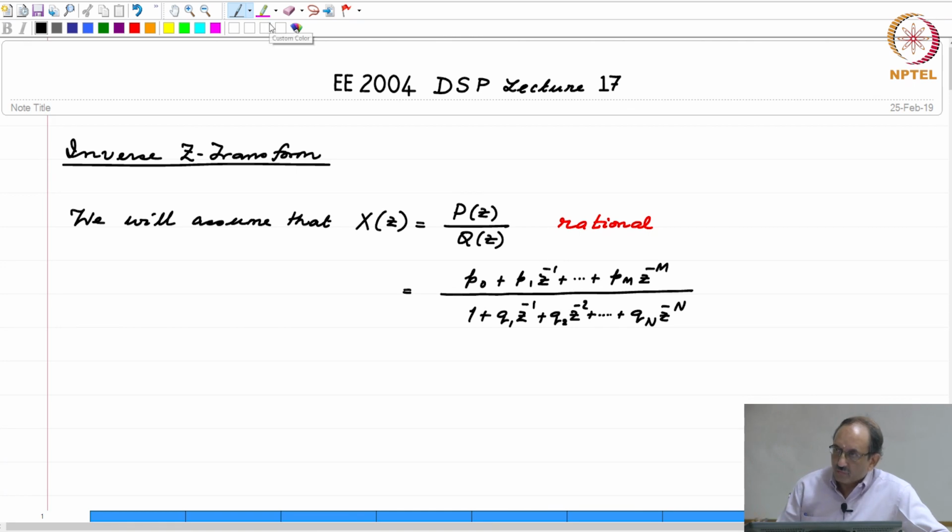Now, just a couple of observations about this. Here we have assumed that the leading coefficient of the denominator is 1.